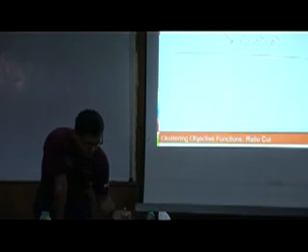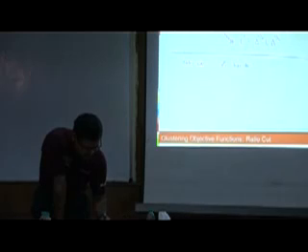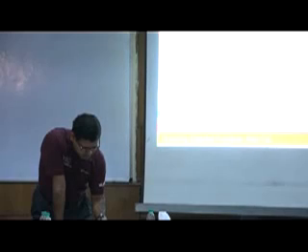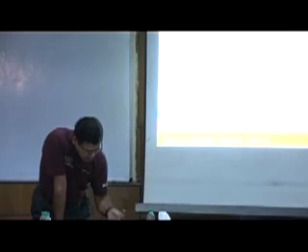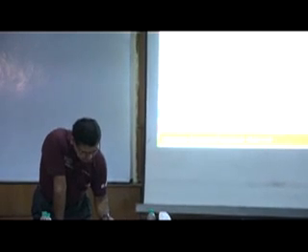Supposing you want to minimize the ratio cut. You say Ci has to be binary. And now you want to minimize Ci transpose L Ci by the magnitude of Ci squared.